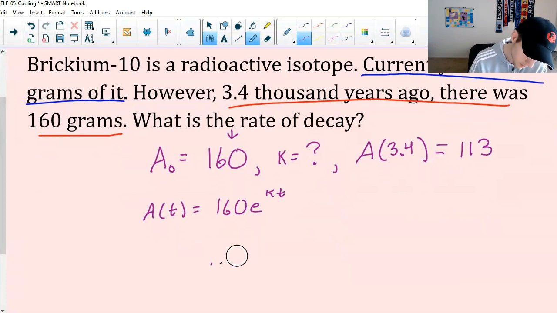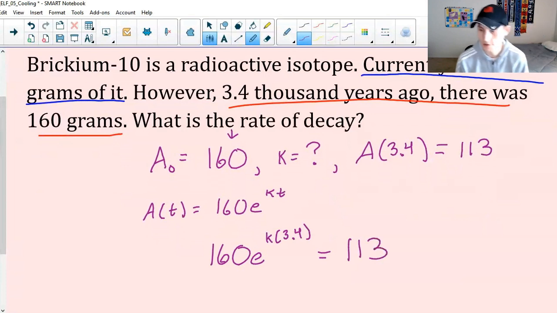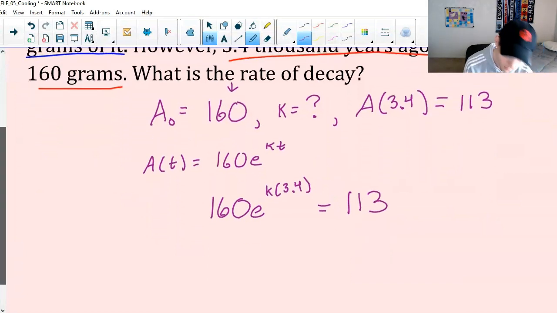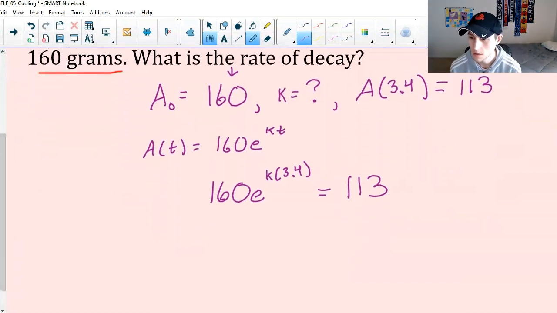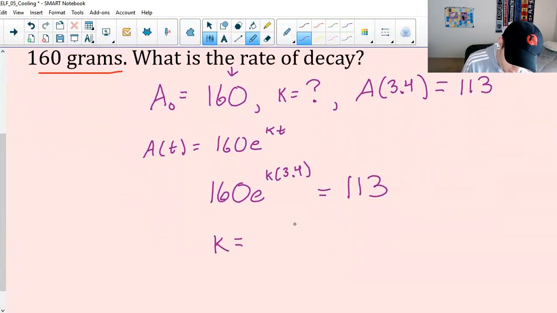If I plugged in 3.4, I know the answer that I should get is 113, based off the information the problem told me from the beginning. We'll do our quick solve. We would first divide by 160, take the natural log of both sides to get rid of e, and then divide both sides by 3.4.